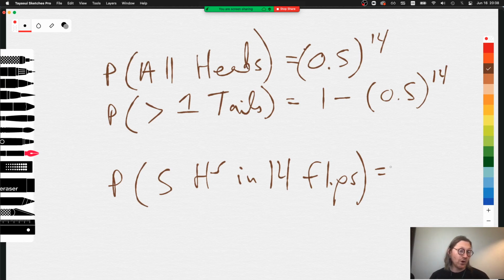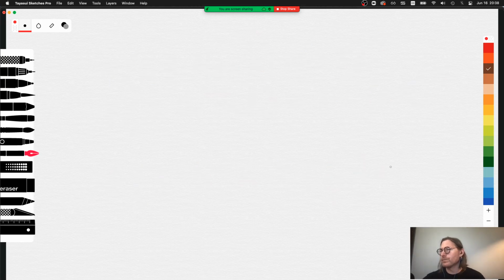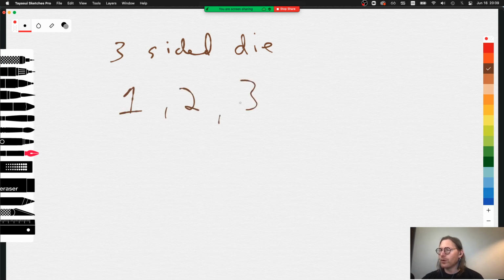Let's say we're dealing with, I don't know if you've ever seen a 3-sided die, but it's sort of like a stick that you can throw, and there's only 3 possible ways of that stick landing. In that case, let's say we could either get a 1, a 2, or a 3.